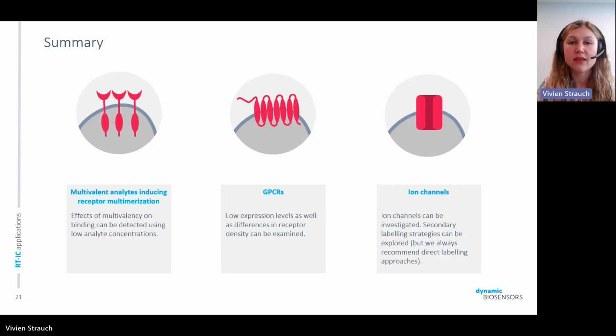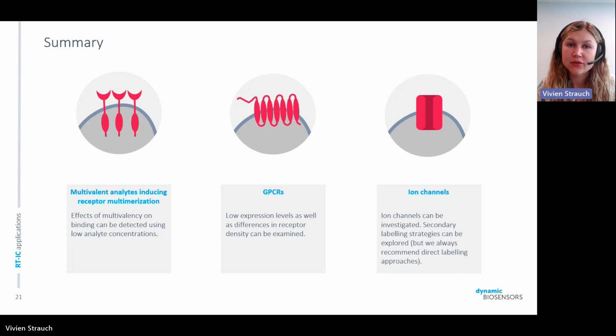So in summary, these case studies showed you some examples what you could do with real-time interaction cytometry. The first example showed you how multivalency can affect the affinity of an interaction and how you can differentiate these different affinities using RTIC, and also that we use much lower analyte concentrations.